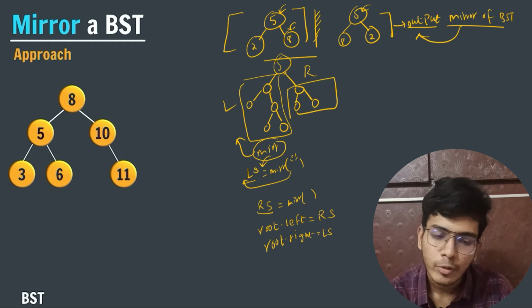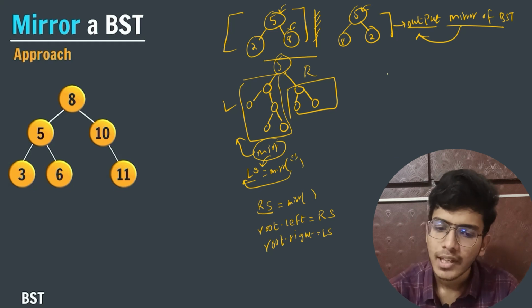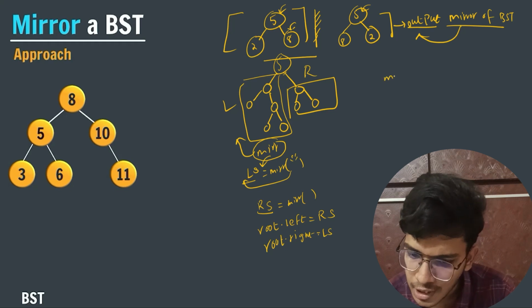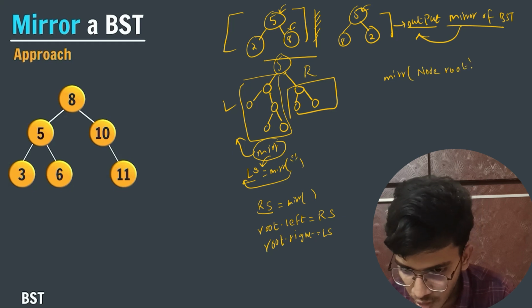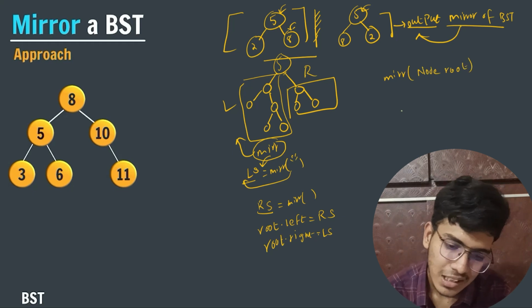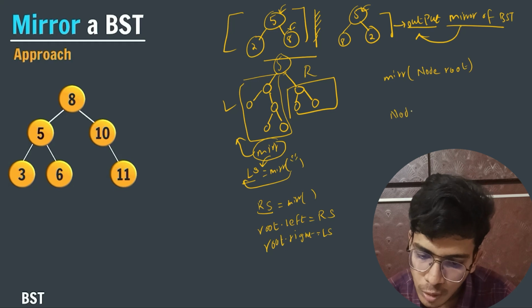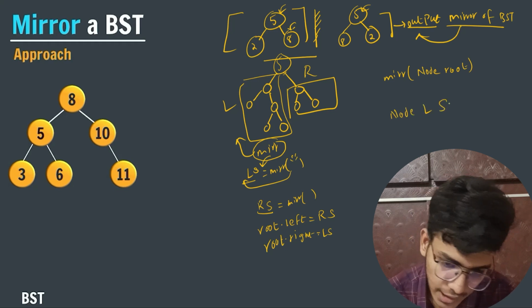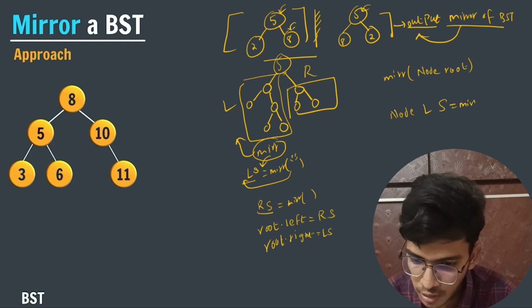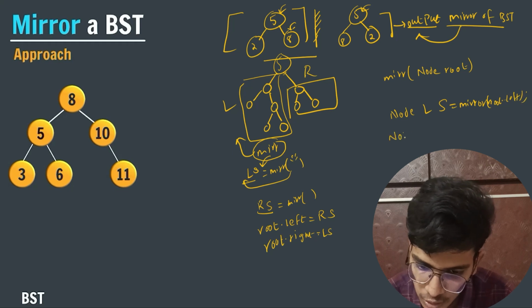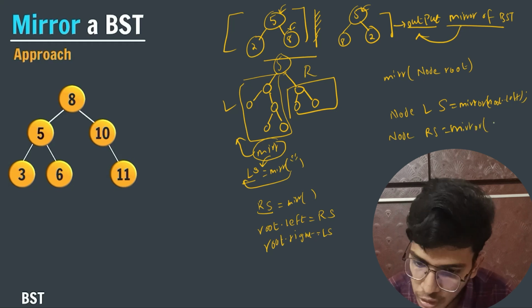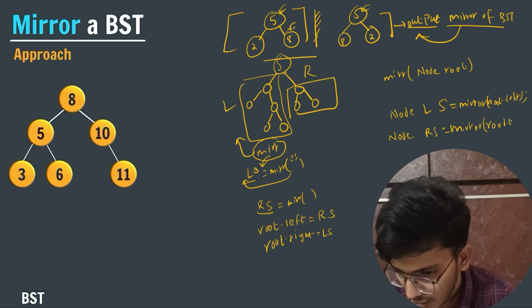So intuitively, what I am doing is creating a function, let's say mirror, and in that I will pass my root node. I am creating a node variable, let's say node left side, and I will call the function mirror for root dot left, and node right side equals mirror for root dot right.